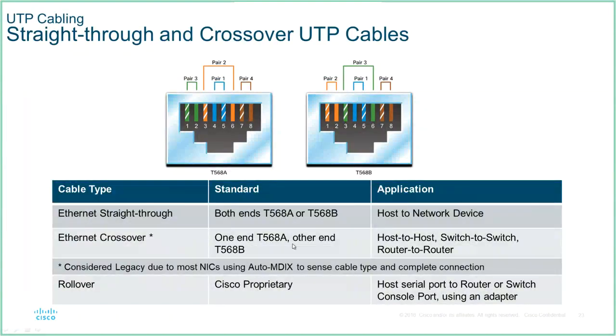So we only need an A and a B if we want to create a crossover. Any other time, a normal patch lead is 2 A's or 2 B's, as long as they're terminated the same at both ends of the cable. That will be known as a straight through cable, i.e. a patch cable.